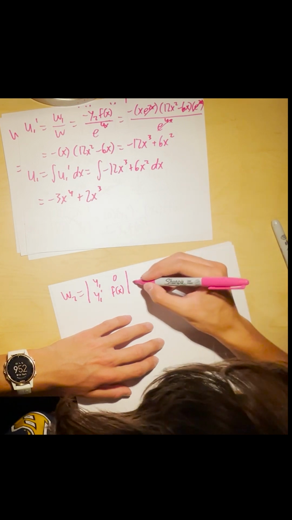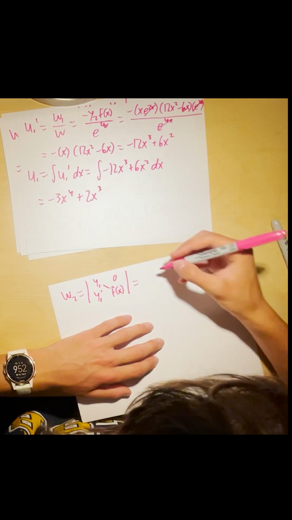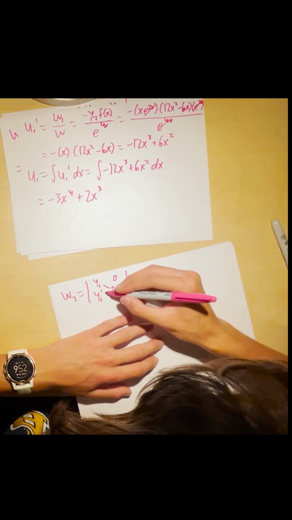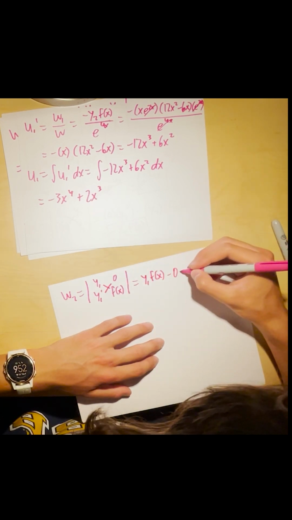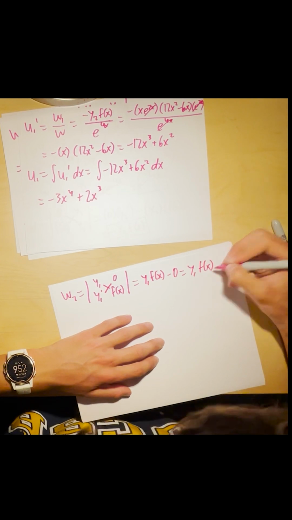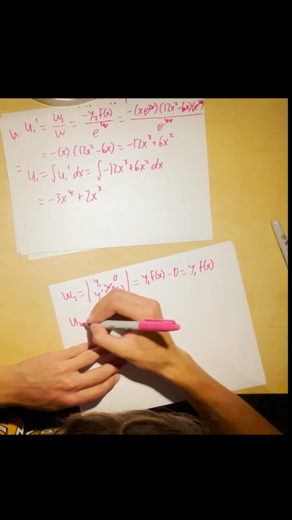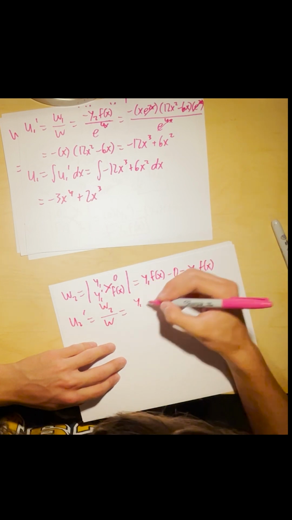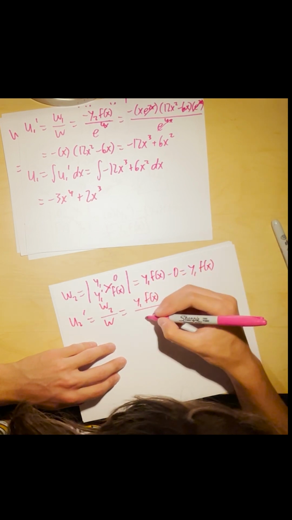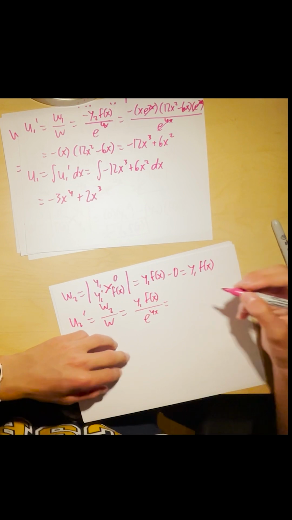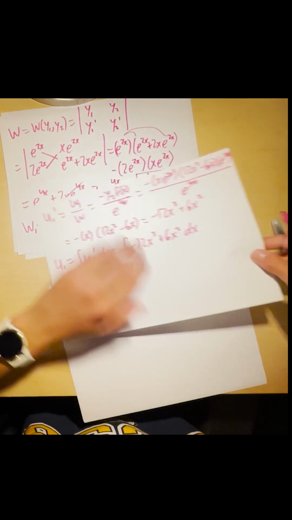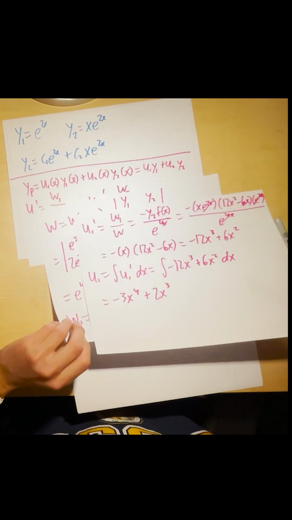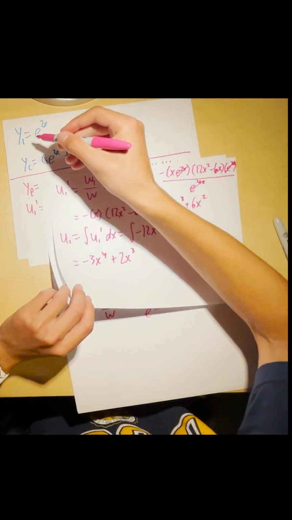Right, so I'm going to evaluate this one in a similar way to the other one. y1 f of x, and then minus 0, which is just y1 f of x. And so u2 prime is w2 over w, y1 f of x over e to the 4x. And so now we can go back to this, and y1 is e to the 2x right there.